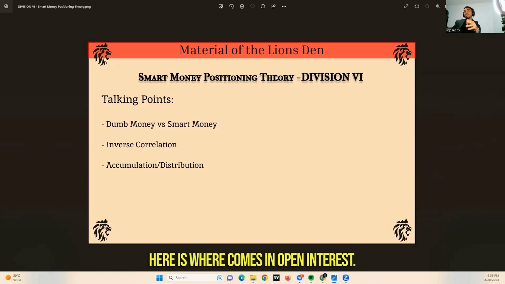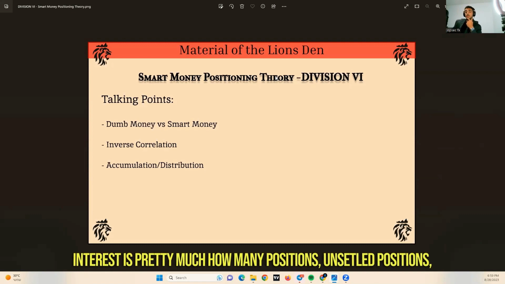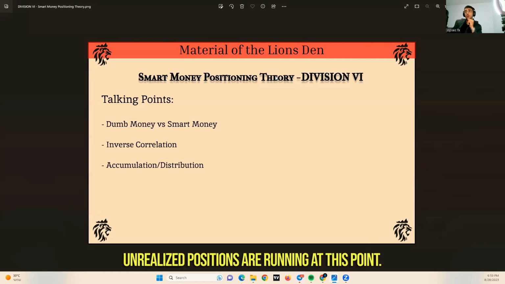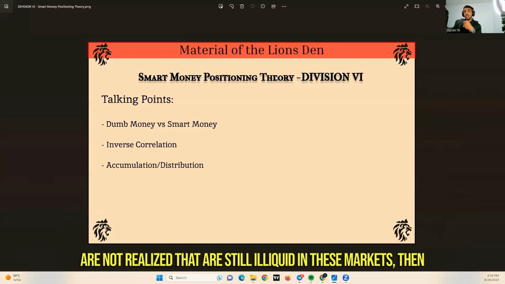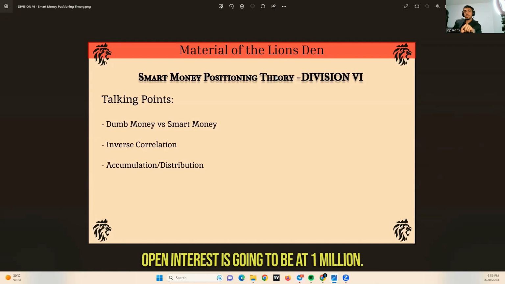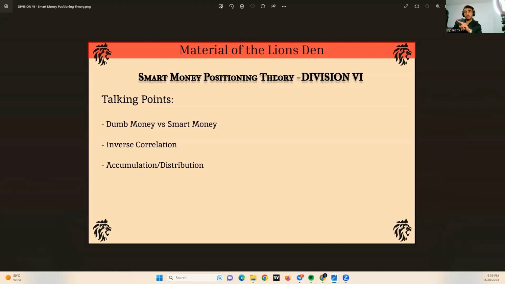Here is where open interest comes in. If you guys know what open interest is, it's pretty much how many unsettled, unrealized positions are running at this point. So if there's currently $1 million in longs that are not realized, that are still open in these markets, then open interest is going to be at 1 million.